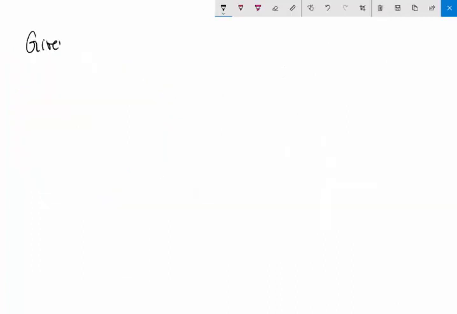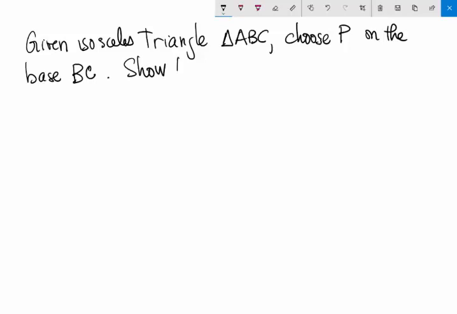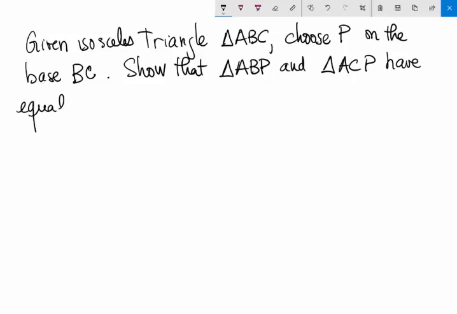Now, let's consider the following problem. Given an isosceles triangle ABC, choose P on the base BC, and we will show that triangle ABP and triangle ACP have equal circumradii, which is the plural of radius.